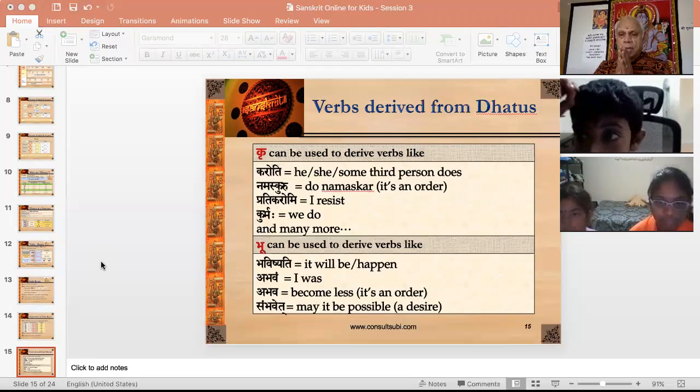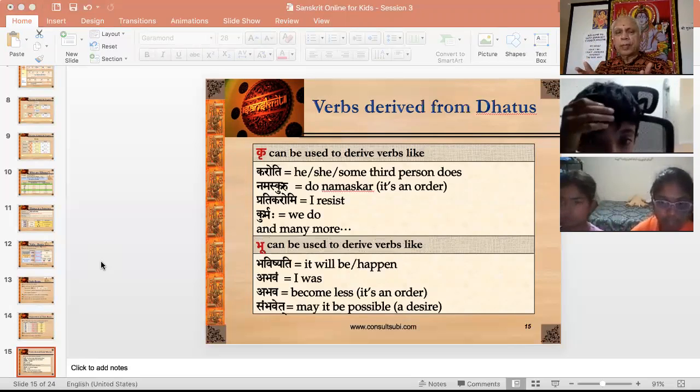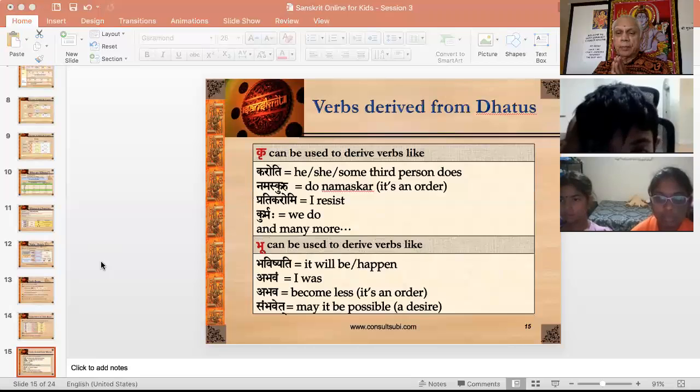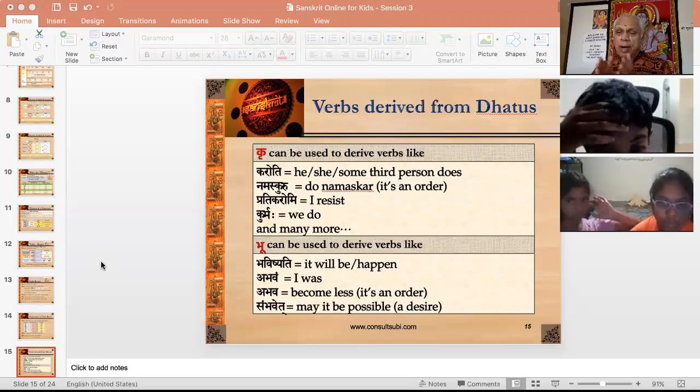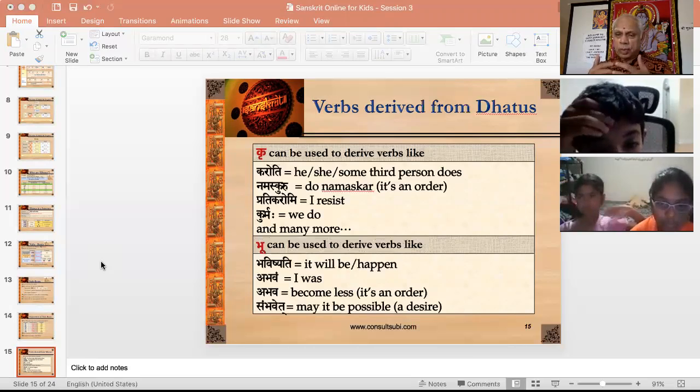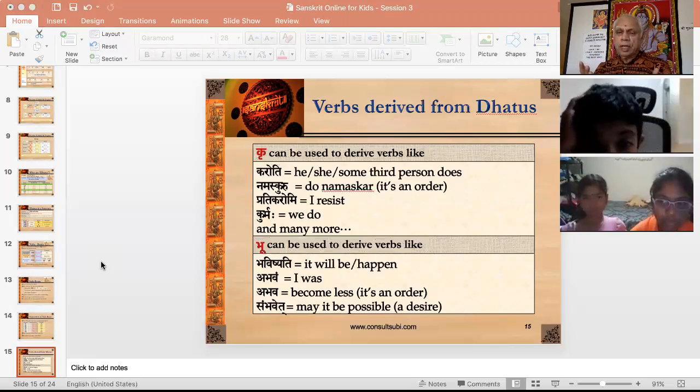You say namaskaram, right? Namaskaram also means namah karam. You are doing namaskaram. If I say namaskuru, it is an order. Do namaskaram. Kuru, namah. There are two joined together. Namaskuru, doing namaskaram. Kurmah, we do. Pratikaromi means I resist.